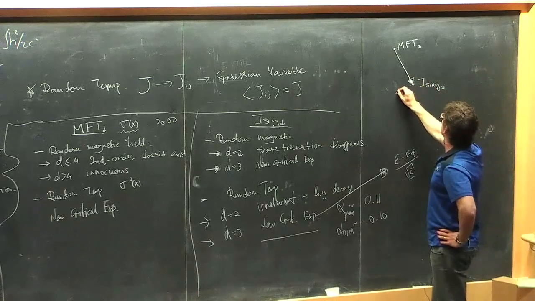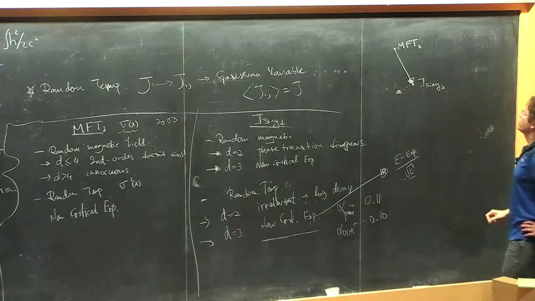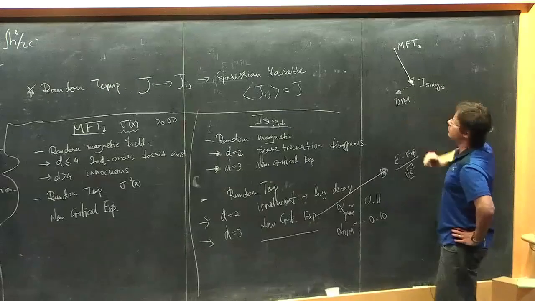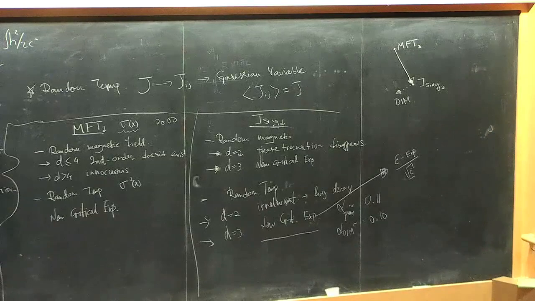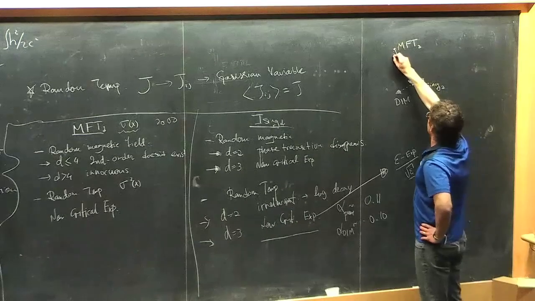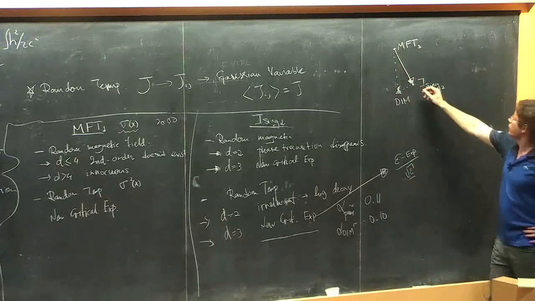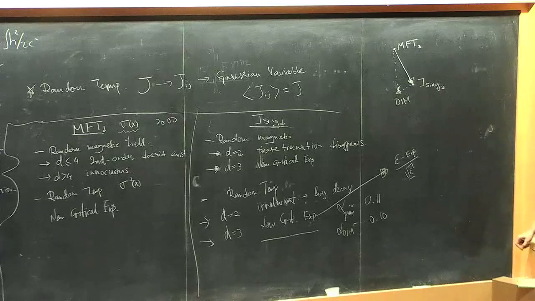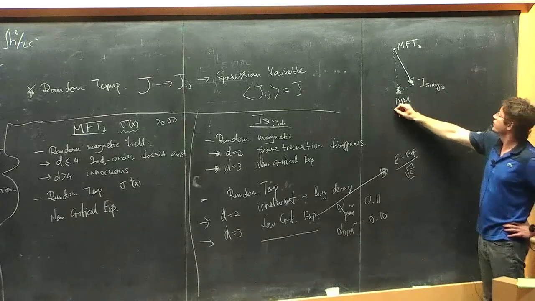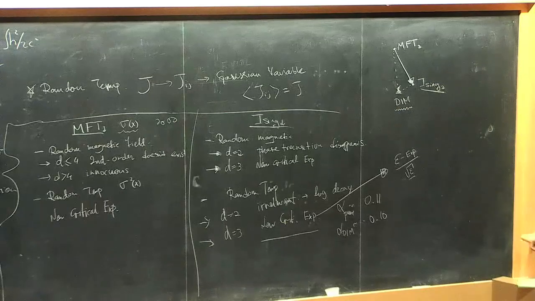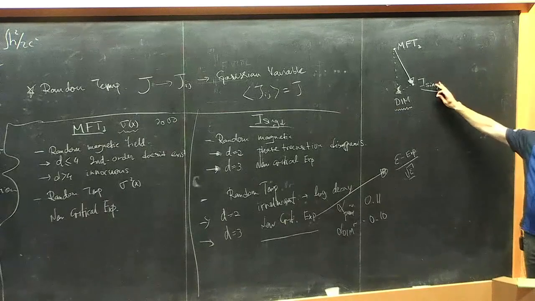Now, what I would like to claim is that this disordered Ising model is, in the renormalization group sense, very close to the pure Ising model. You can also get by such a flow, but it would be more convenient to go down this path. So what I will try to do is a description of this model starting from this one, assuming that everything is known about this one.